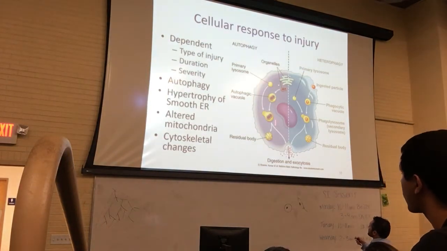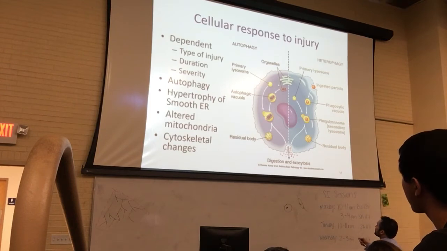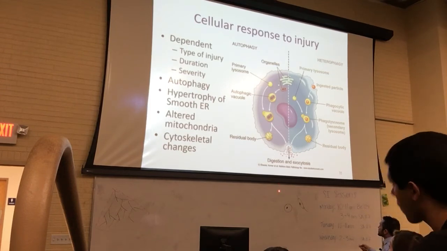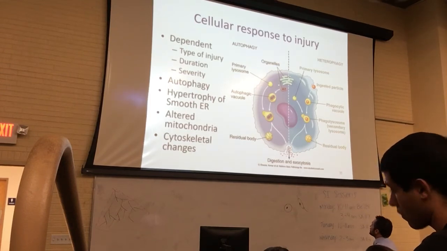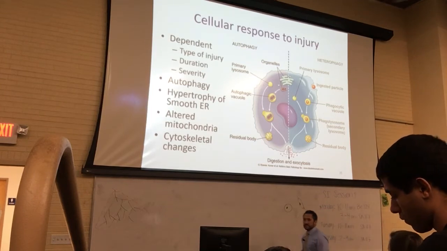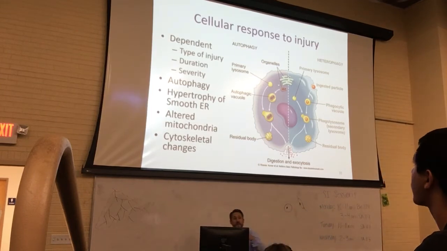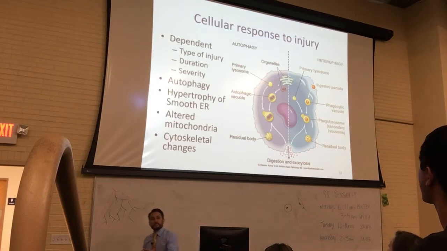The cell itself might actually recycle and then exocytose some of its own organelles or tissues, right? And this could be in an apoptotic type of mechanism.